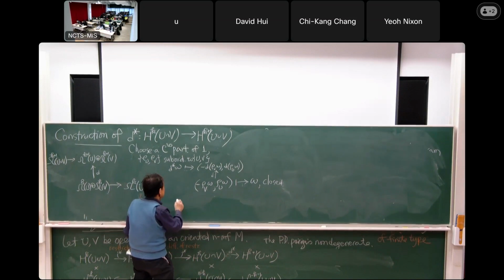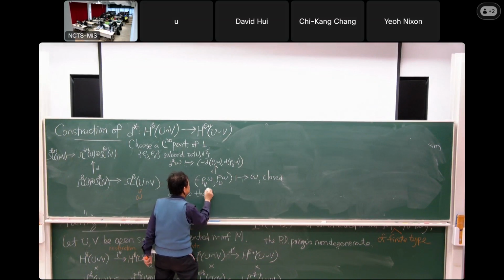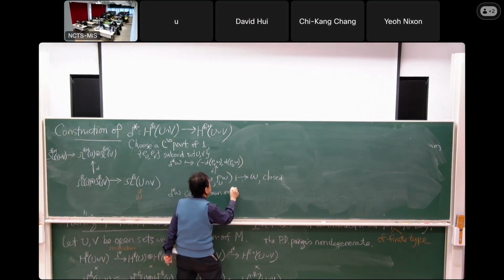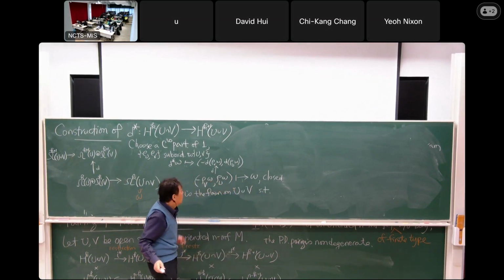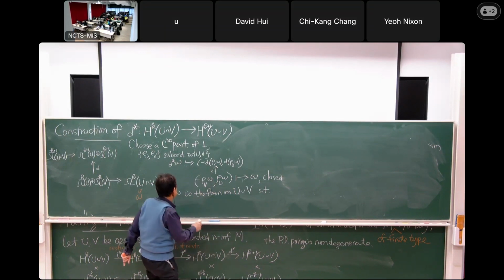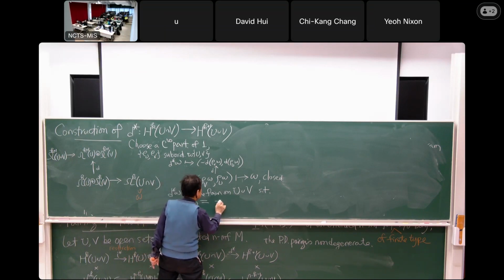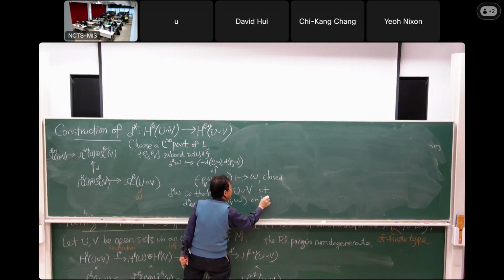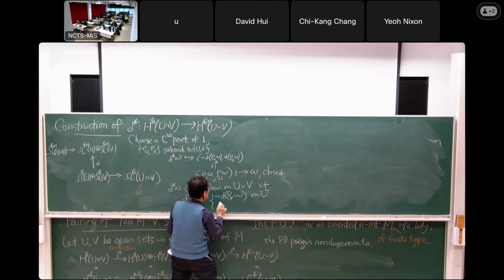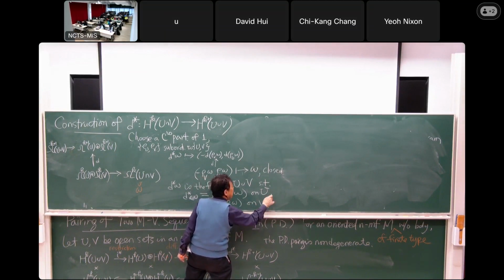So the upper star omega is the form on the union such that restricted to U, the upper star omega is equal to minus d rho V omega on U, and it's equal to d rho U omega on V, okay?